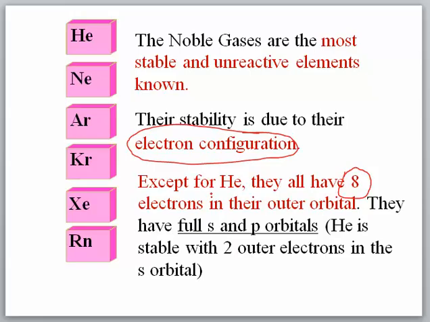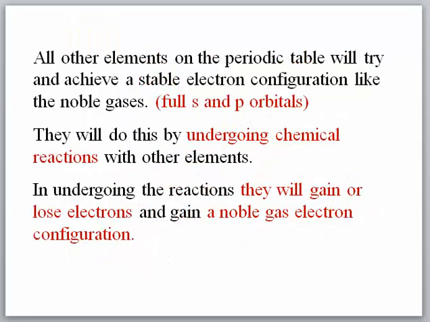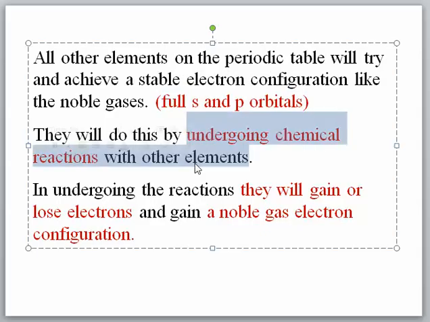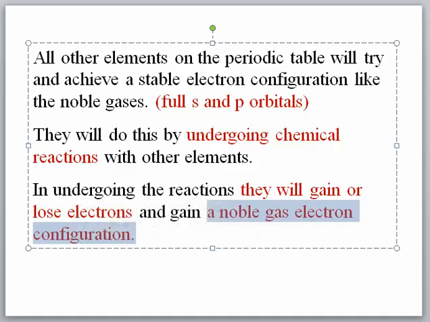Of course, helium has only 2 because it's so small, but all of the other elements are going to try and acquire this noble gas arrangement when they bond. Now, we're not at bonding yet, but we are looking at where those electrons are located. So we're looking to fill up our s and p orbitals by undergoing those chemical reactions to gain a noble gas configuration.